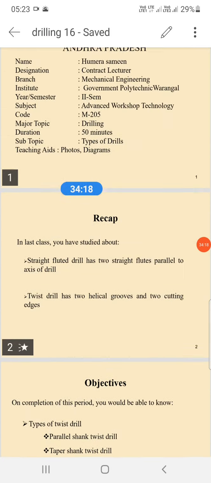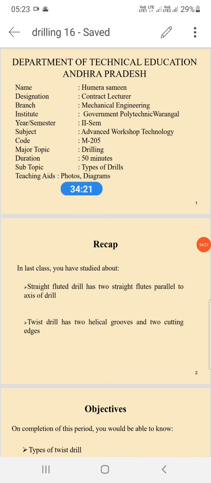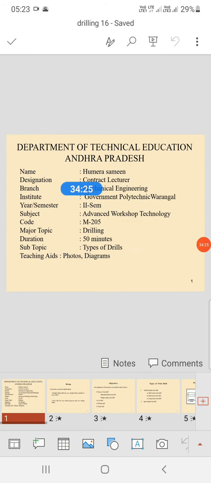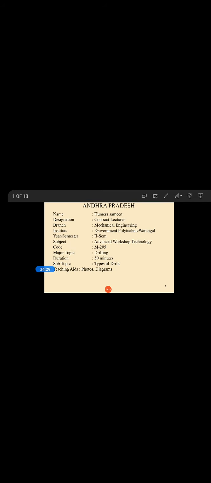So let us have a review of types of drills. We have seen the different types of twisted drill: parallel shank, taper shank, core drill, oil hole drill, center drill.